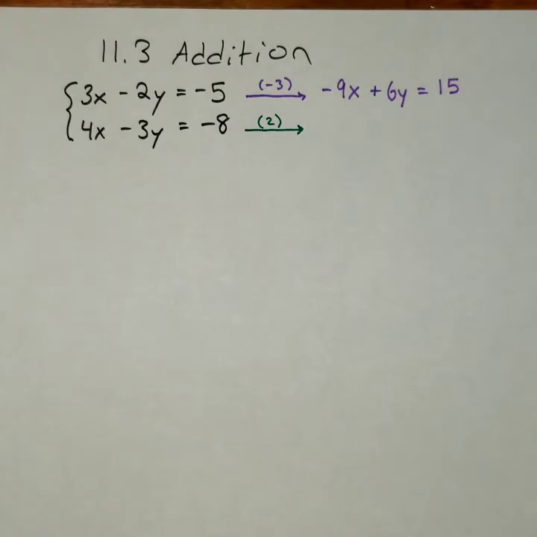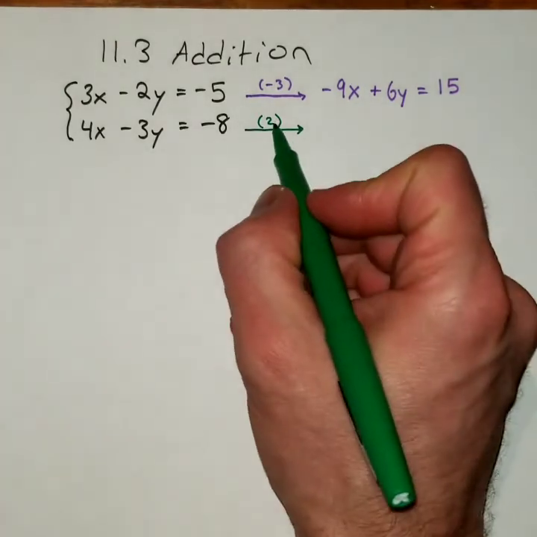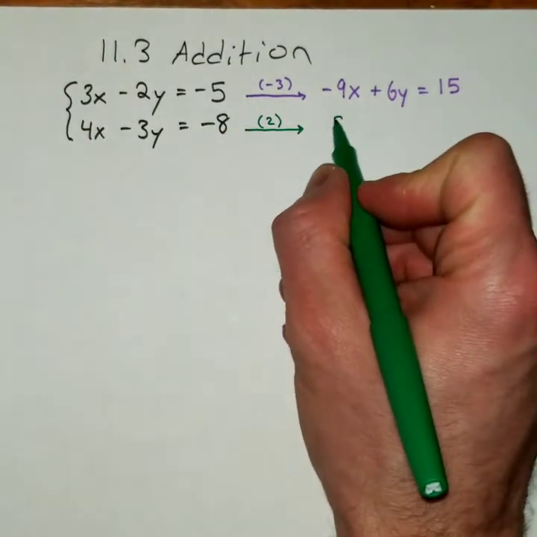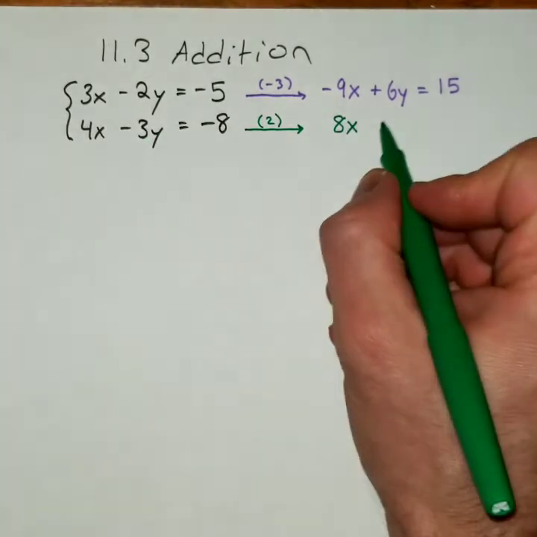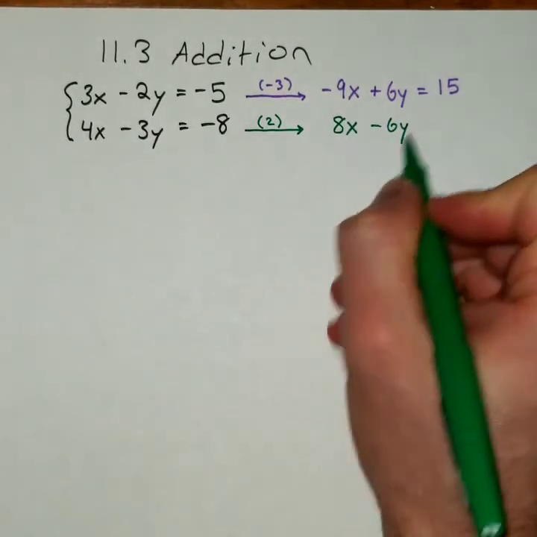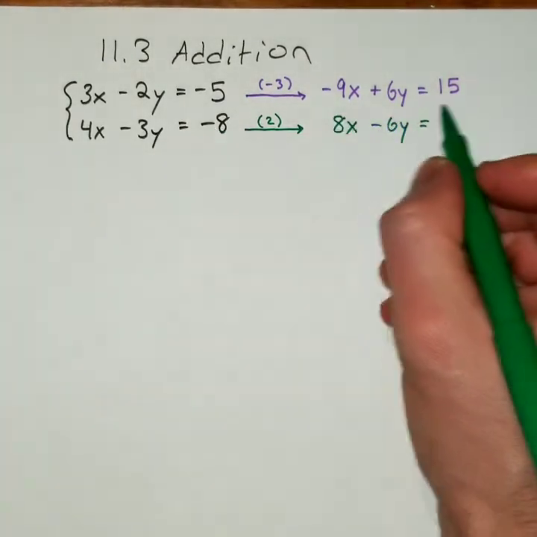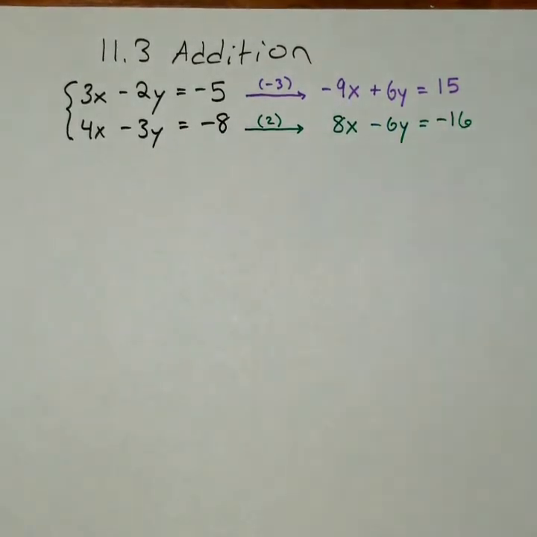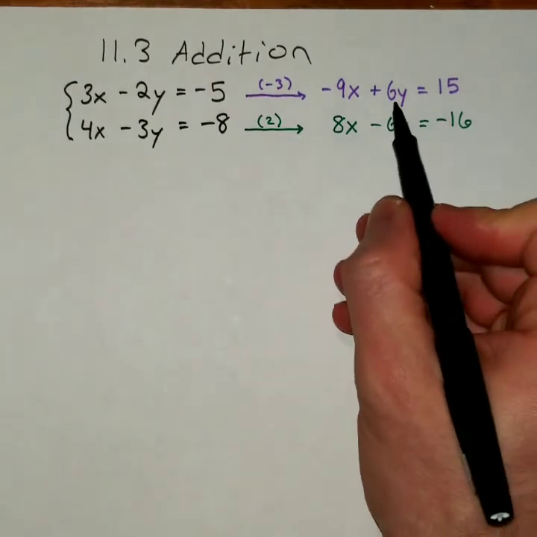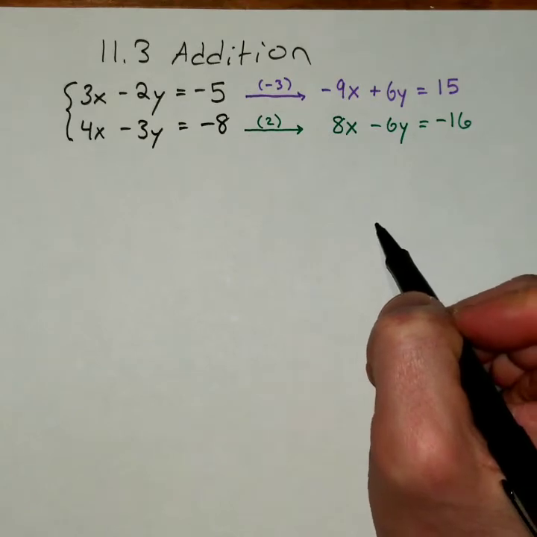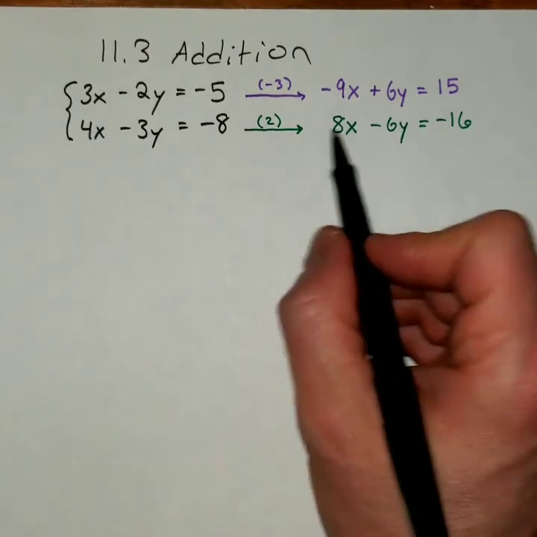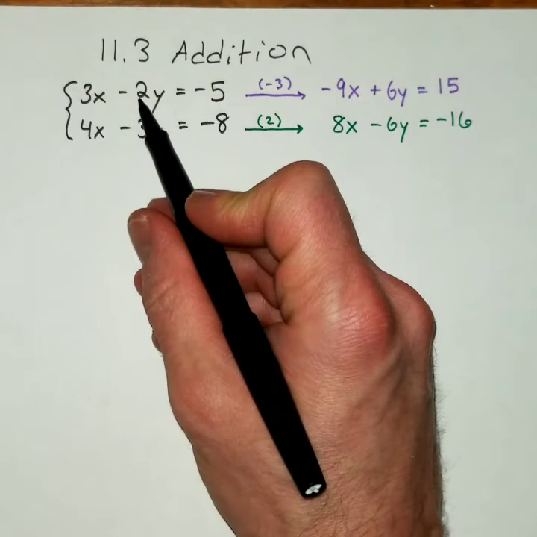On the bottom, 2 times 4x is 8x. 2 times negative 3y is negative 6y. And 2 times negative 8 is negative 16. Notice now that the y's have opposite coefficients, the 6 and negative 6, and that they are the least common multiple for the 2 and the 3.